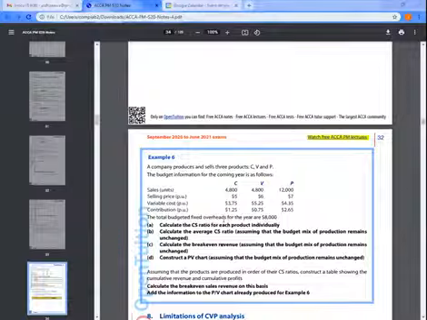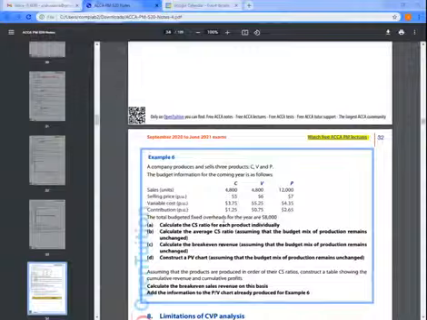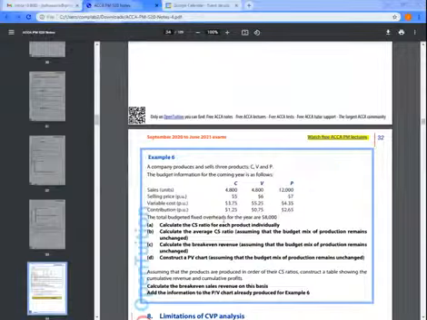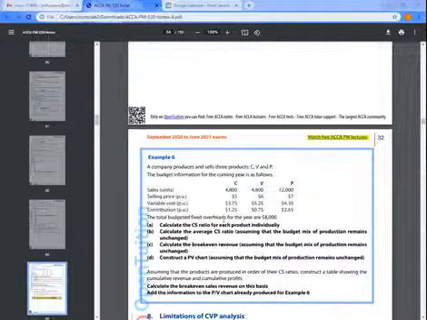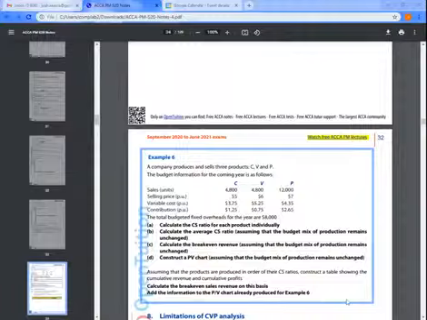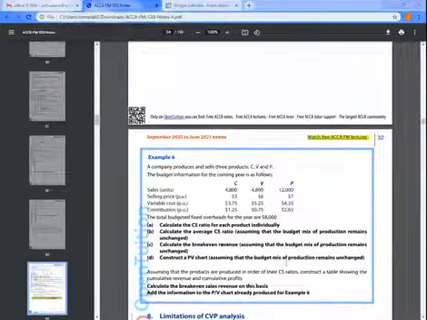The price of C is 5, the price of V is 6, the price of P is 7. And then the weights will remain the same.